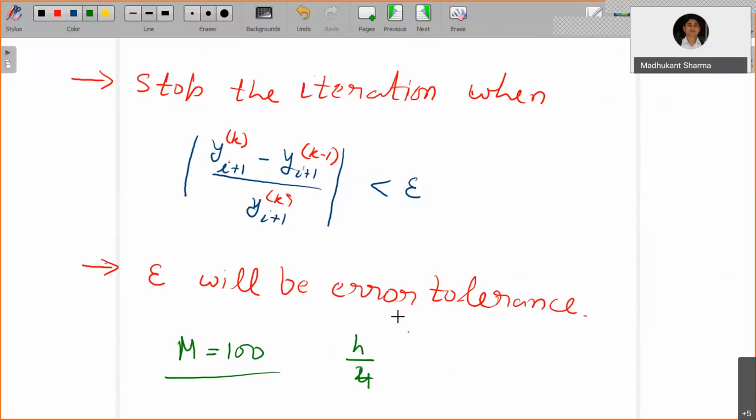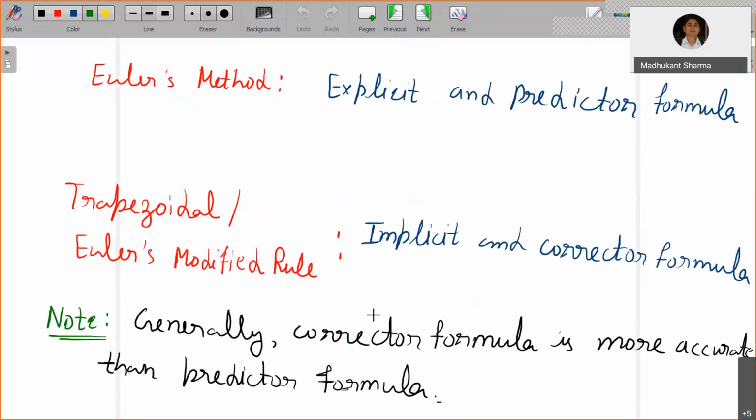So Euler's method is explicit and can be called a predictor formula, and the trapezoidal or Euler's modified rule is implicit and a corrector formula, which corrects the values from Euler's method. Generally, a corrector formula is more accurate than a predictor formula.